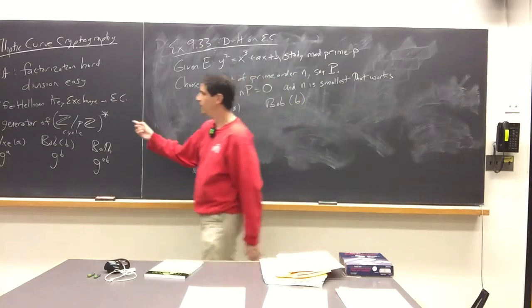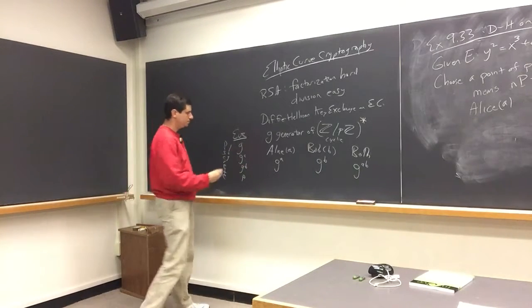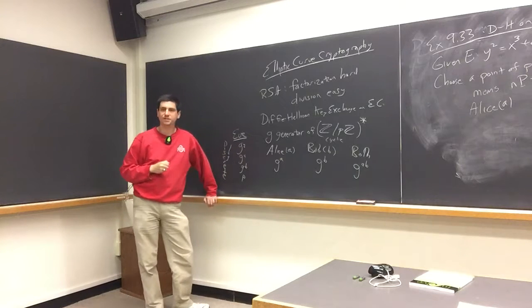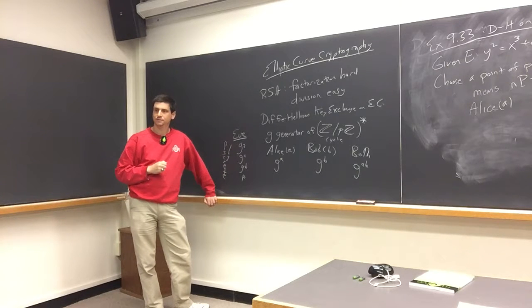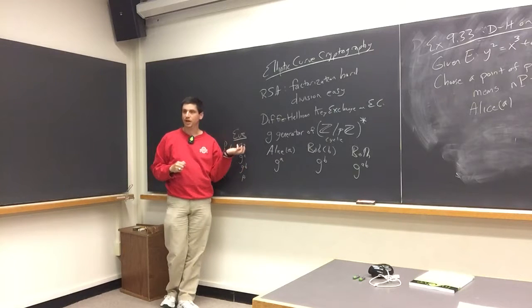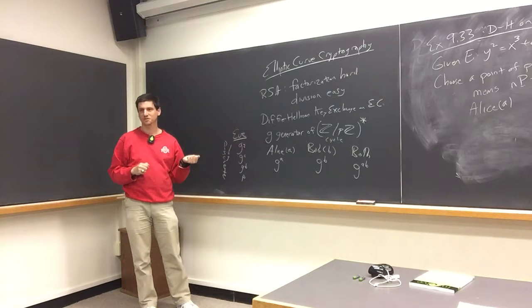So over here, when we have G, G was the generator. So what does it mean for G to be the generator of Z mod pZ star? Every element is a power of G. And what's the highest power we could have? Right, and what's the order of Z mod pZ star? p minus 1. Right.